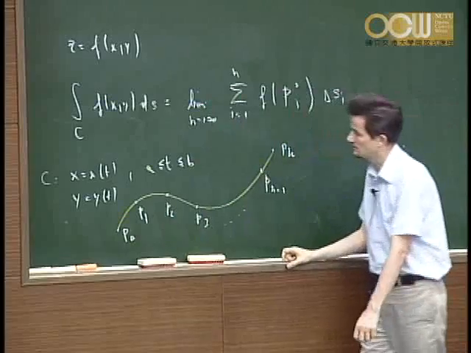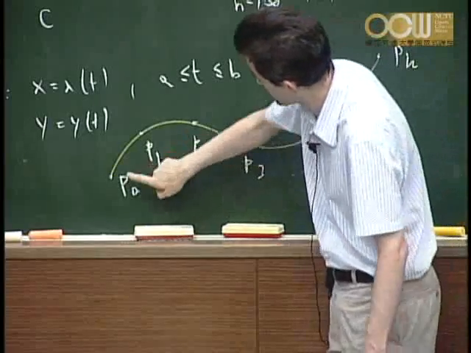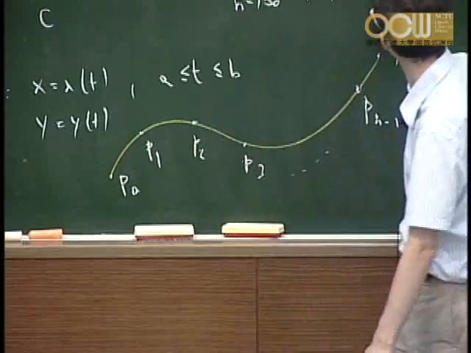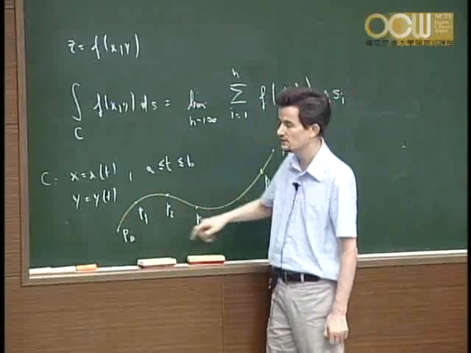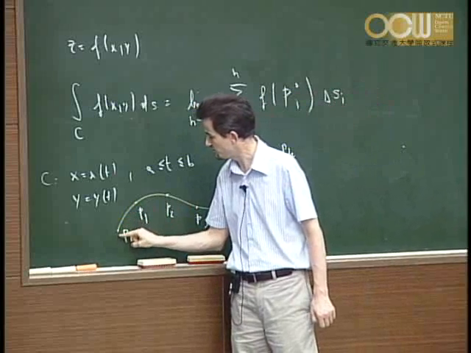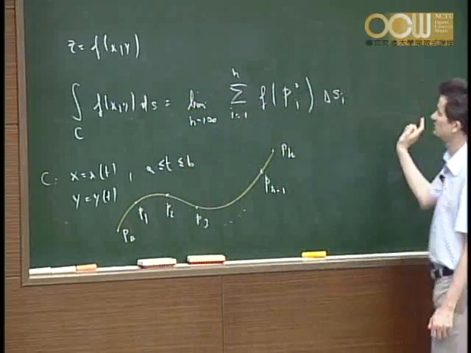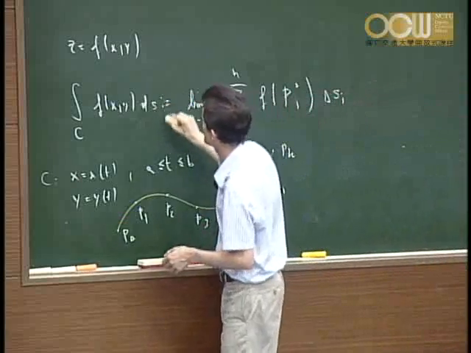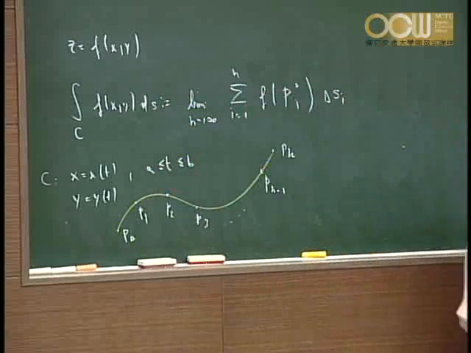In every subinterval, in other words on this piece here, we chose a sample point, evaluated the function at this sample point and multiplied it with the arc length from P0 to P1. And we summed up all those contributions, and in the limit, what we get by definition is the line integral.